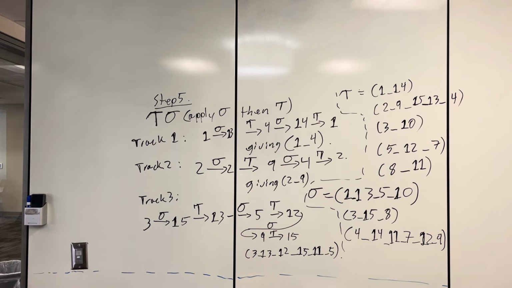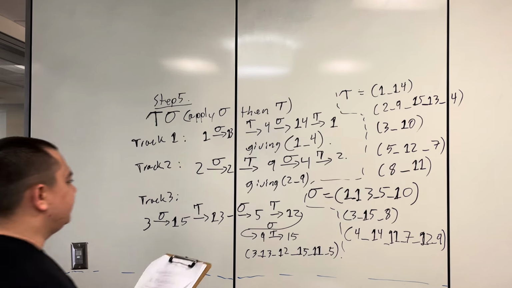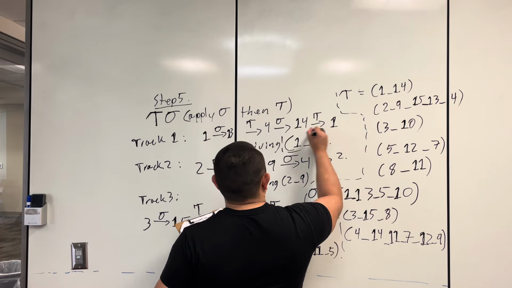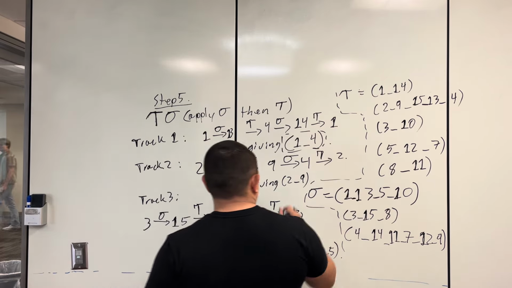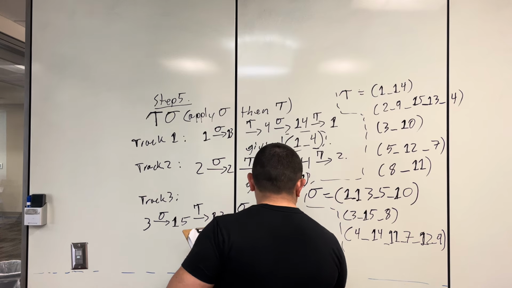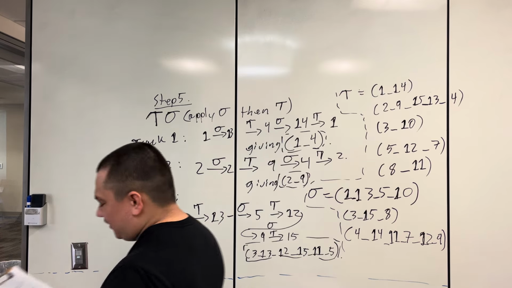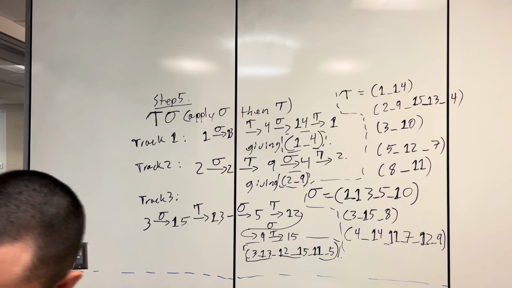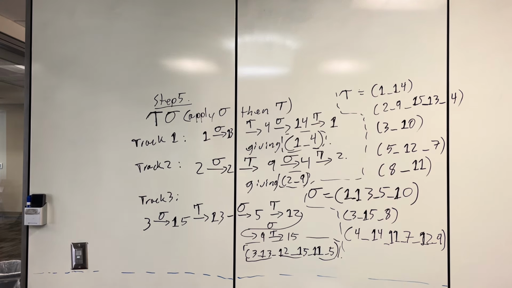We can add that to our menagerie of what belongs to tau sigma, right? So all of these go into the menagerie, and we can proceed from there.